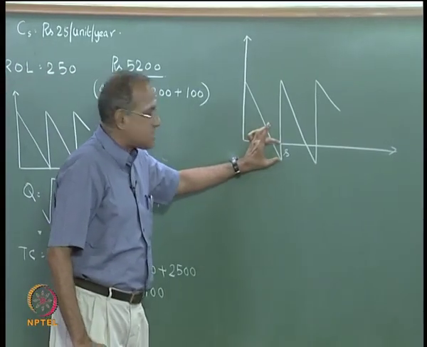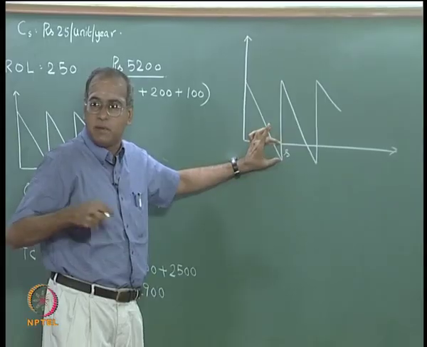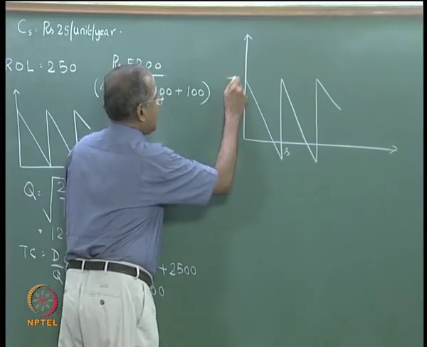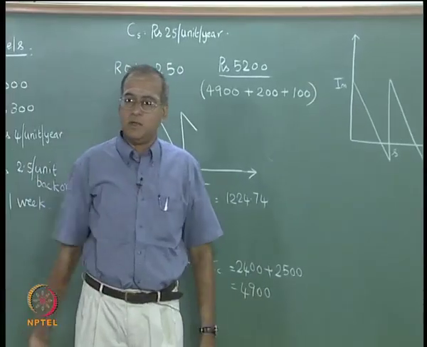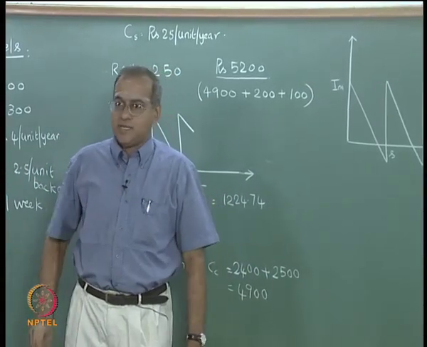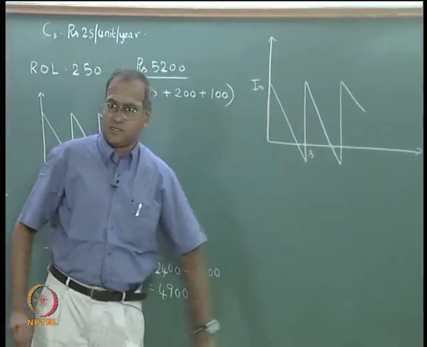Instantly we replenish this S, which is the back order that has been built, and therefore the top inventory, called IM, the maximum inventory that we hold, is equal to Q minus S, and this cycle proceeds.